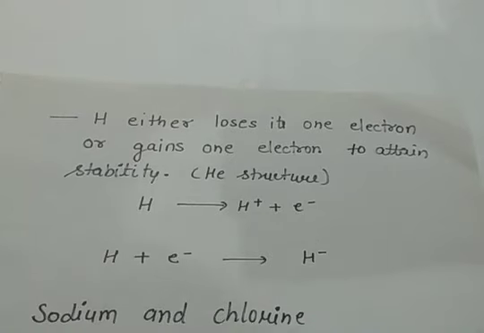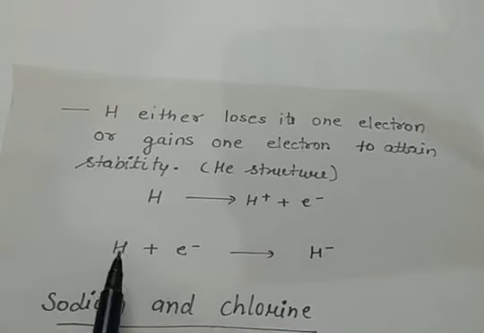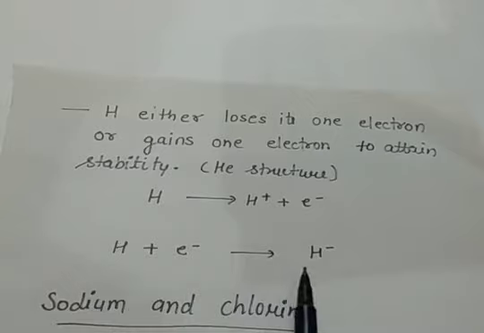The nearest stable element for hydrogen is helium, so it will try to gain the helium configuration or lose its one electron. When it loses its electron, it becomes a proton, and when it gains one electron, it becomes the H negative ion.